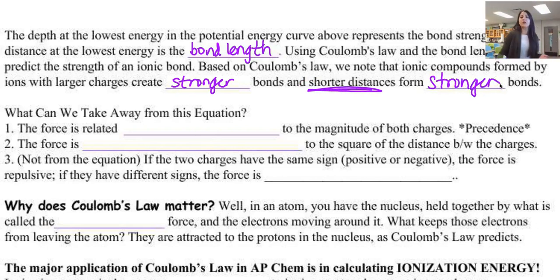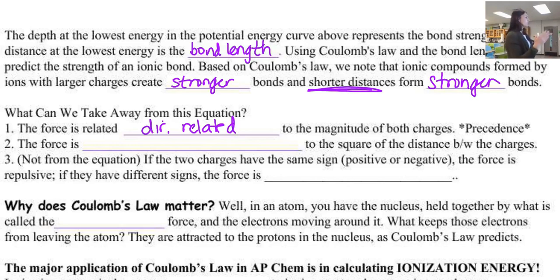Okay, so what can we take away from this equation? We know that force must be directly related to the magnitude of both charges. So we're going to say it's directly related. The other thing is that the force is blank to the square of the distances. Well, what did we say?